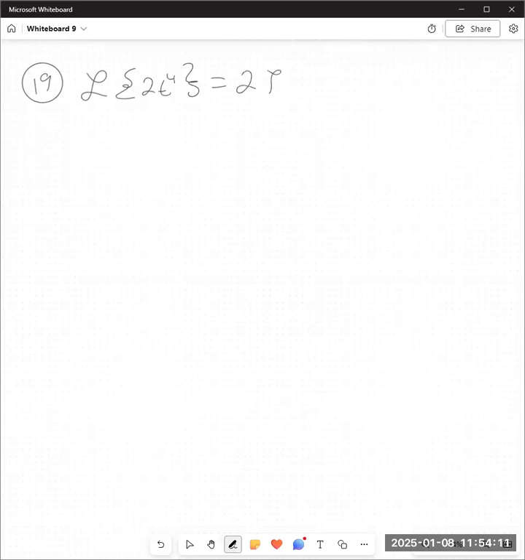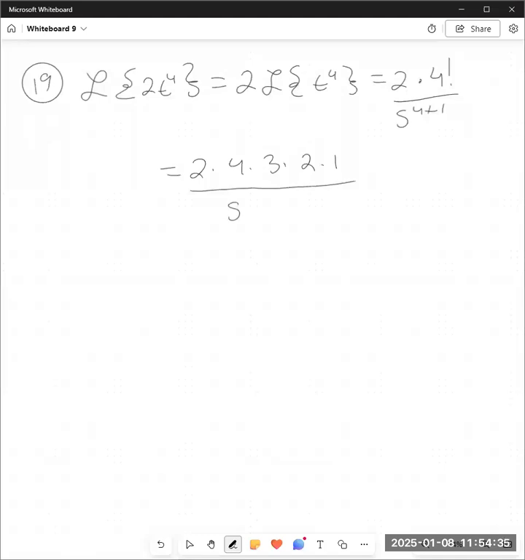So that's 2 times the Laplace transform of t to the fourth, which is equal to 2 times 4 factorial over s to the 4 plus 1. So 4 factorial is 4 times 3 times 2 times 1, and it's s to the fifth. 8, 24, 48 is my numerator over s to the fifth is my transform there.